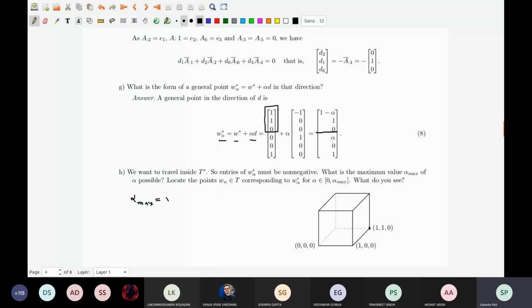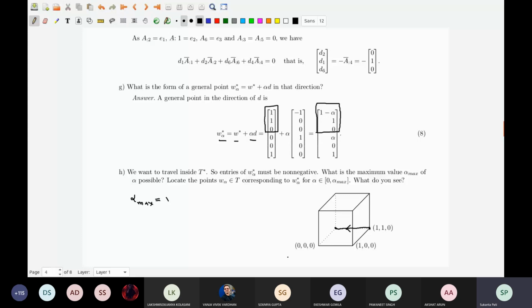And if I take alpha max equal to 1, where do I reach? I reach 0 1 0. So that is this point. So basically I have traveled in this direction. That non-basic variable x4 has actually given you an edge starting from the vertex you are standing at to another vertex.